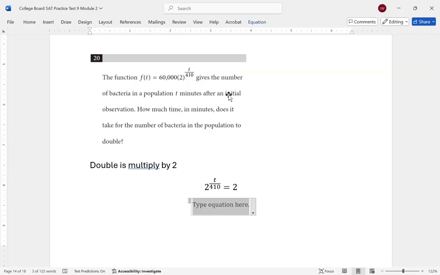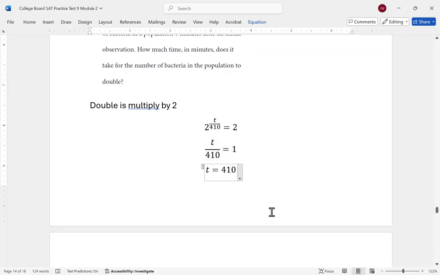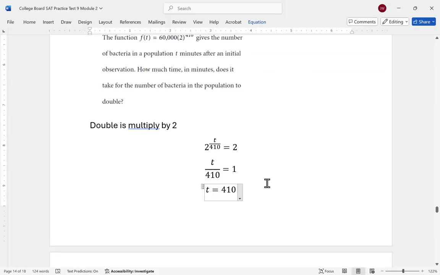And that just means t over 410 needs to be equal to 1. And so t would have to be 410. You can either think of solving that by making this fraction 1 or multiplying both sides by 410. So that t is in minutes.